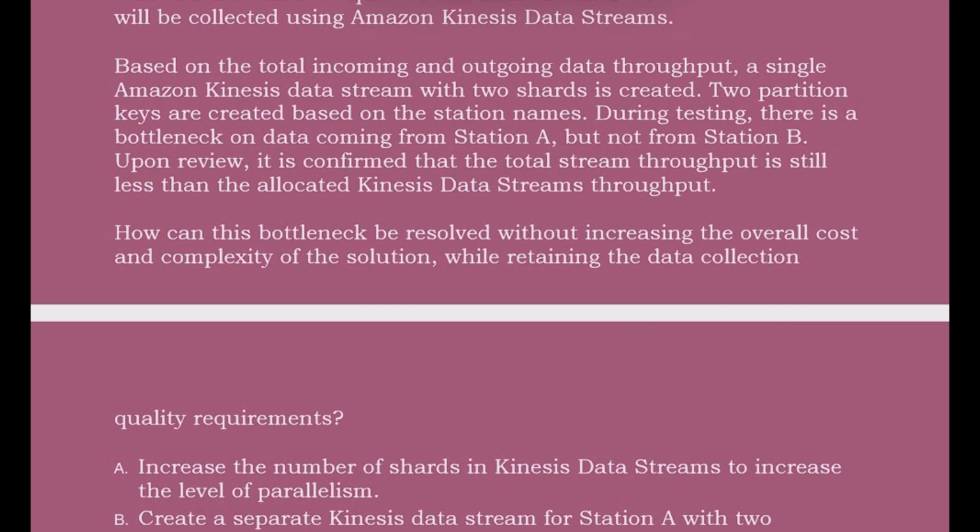During testing, there is a bottleneck on the data coming from Station A but not from Station B. Upon review, it is confirmed that the total stream throughput is still less than the allocated Kinesis data stream throughput. How can this bottleneck be resolved without increasing the overall cost and complexity of the solution, while retaining the data collection quality requirements?